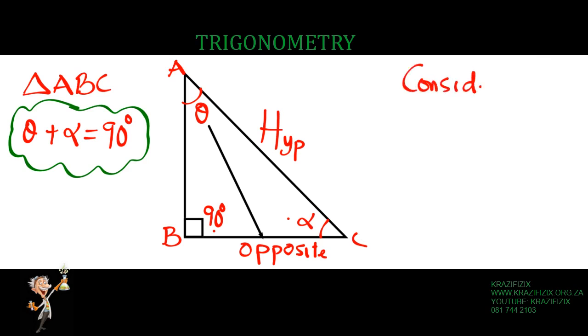Consider alpha. How are we going to write alpha? It is ACB, alright, or BCA. ACB and BCA. Alright.